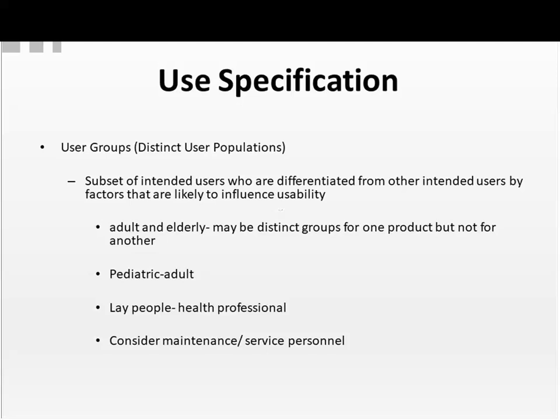The device may be used by pediatric, it might be used by adult people. It's important to define what groups are using the device, and it's important to define these up front because this affects the validation study. We'll discuss that in more detail later.